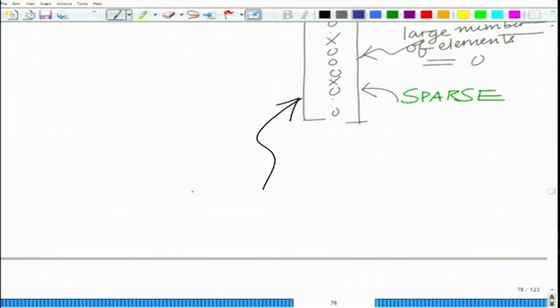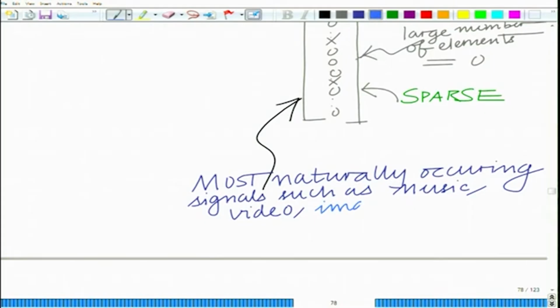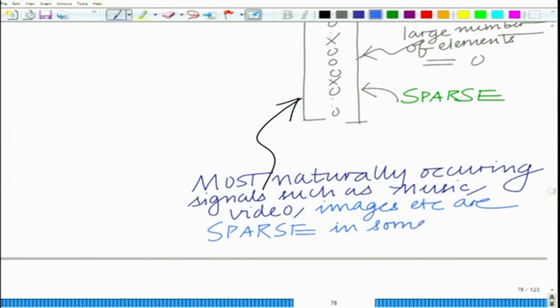So, when you look at most naturally occurring signals, such as either a music signal or video or images, they are sparse in some suitable domain.